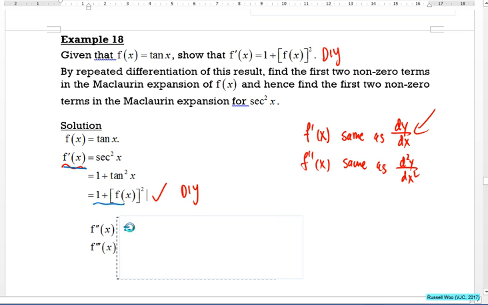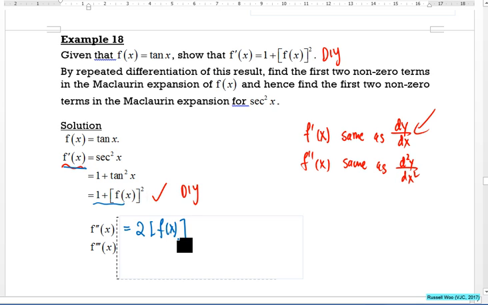Differentiate 1, I get 0. Differentiate f(x) squared. That means I'm actually differentiating (dy/dx) squared. How? You bring the 2 down, you get 2f(x).